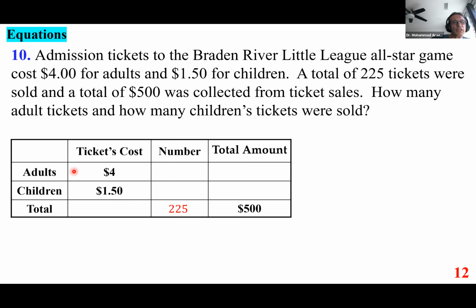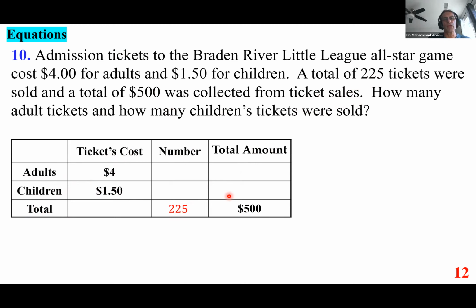So you have to make up a table. Adults, the cost of ticket is $4. Children is $1.50. We know the total number of people is 225 because the total number of tickets is 225. We know that we collected a total of $500. So you translate this question into this table.